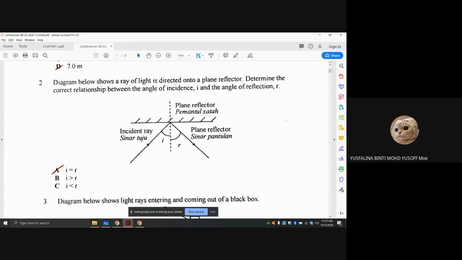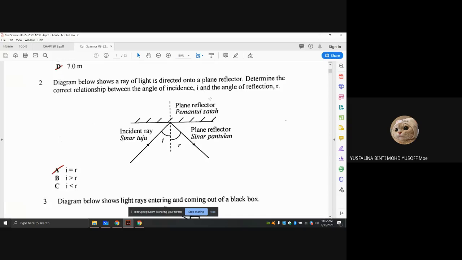That is the first law. The second law, the incident angle must be the same as the angle of reflection. That means i is equal to r. So the answer is A.